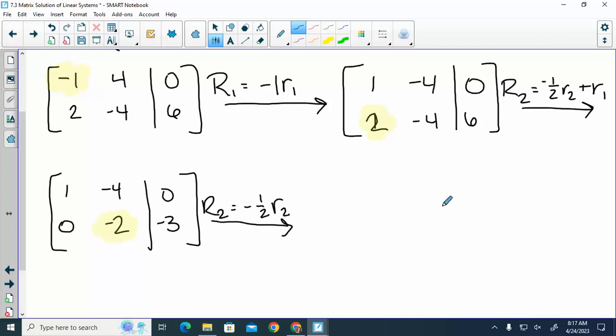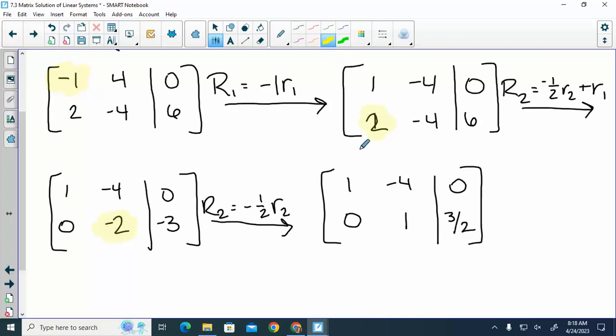The reciprocal of negative 2 would be negative 1/2. So 0 times negative 1/2 is still 0. Negative 2 times negative 1/2 is positive 1. And negative 3 times negative 1/2 is 3/2.